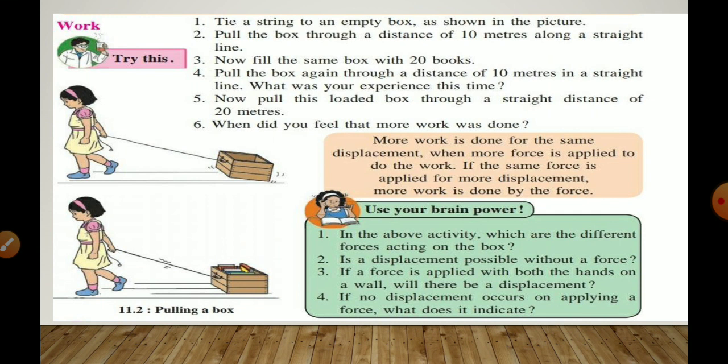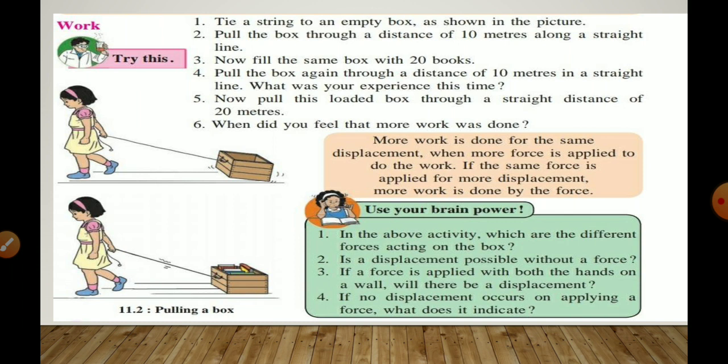Am I right? जब box बुक से fill किया हुआ है तभी उसको खींचने के लिए more energy is being used, right? More work is done for the same displacement when more force is applied. If the same force is applied for more displacement, more work is done. ज़्यादा एनर्जी ज़्यादा फोर्स लगाएंगे तो ज़्यादा काम होता है, right?